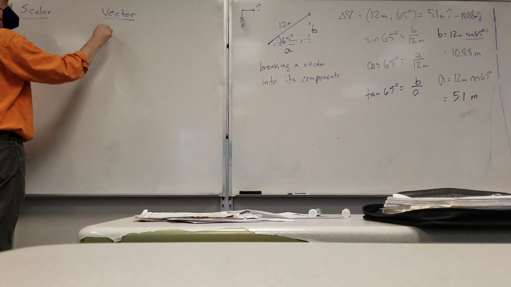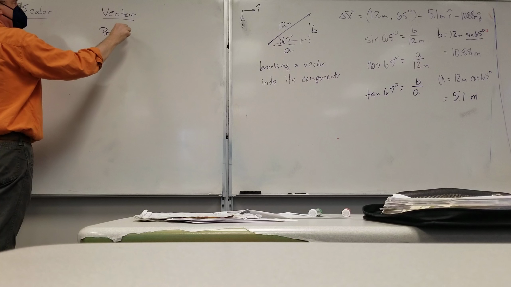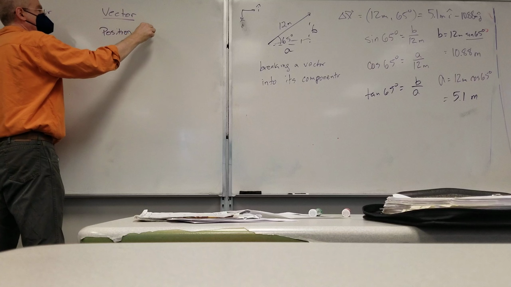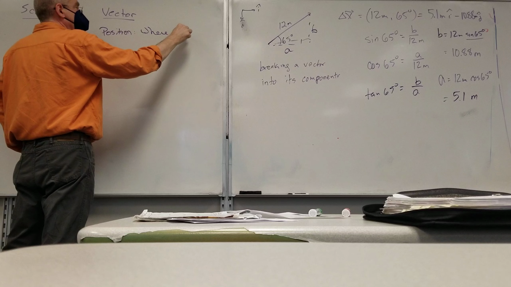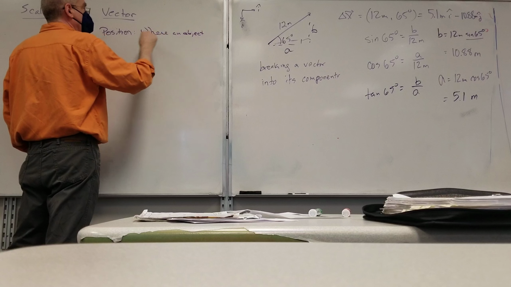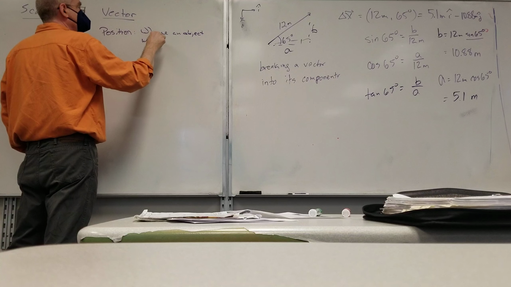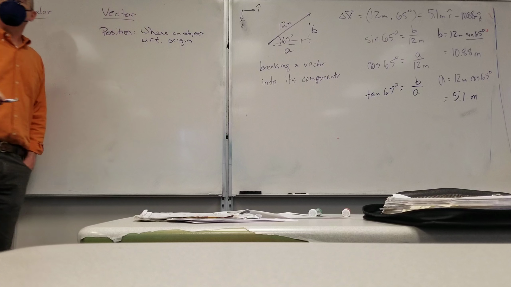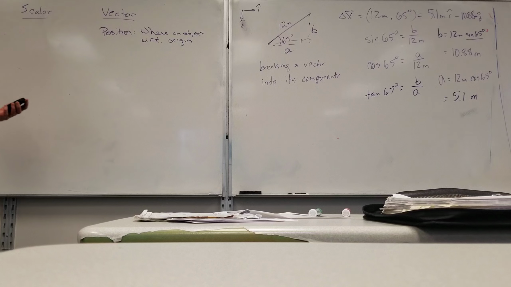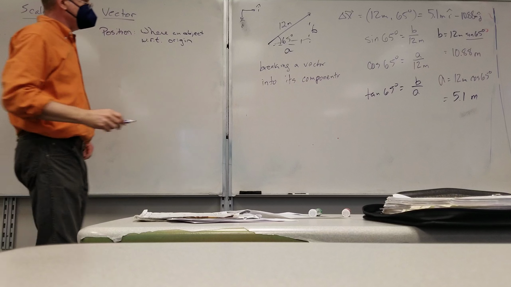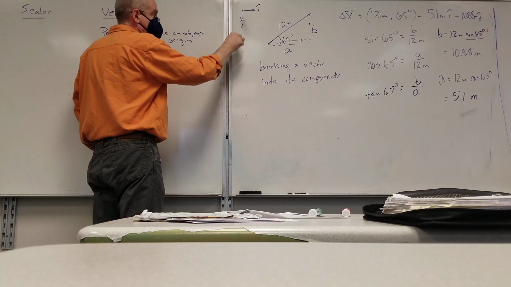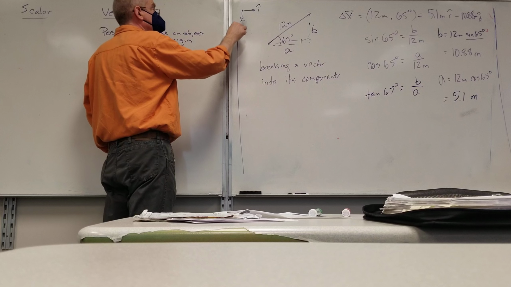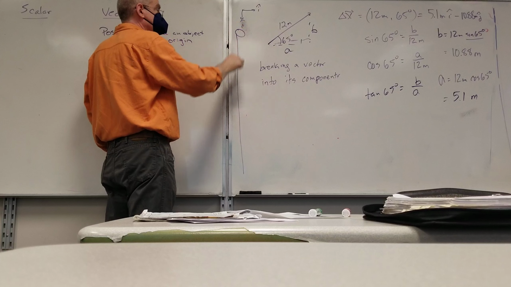All right, so we have position, where an object is with respect to the origin. What we're about to do here is I'm going to establish this as my origin right there.